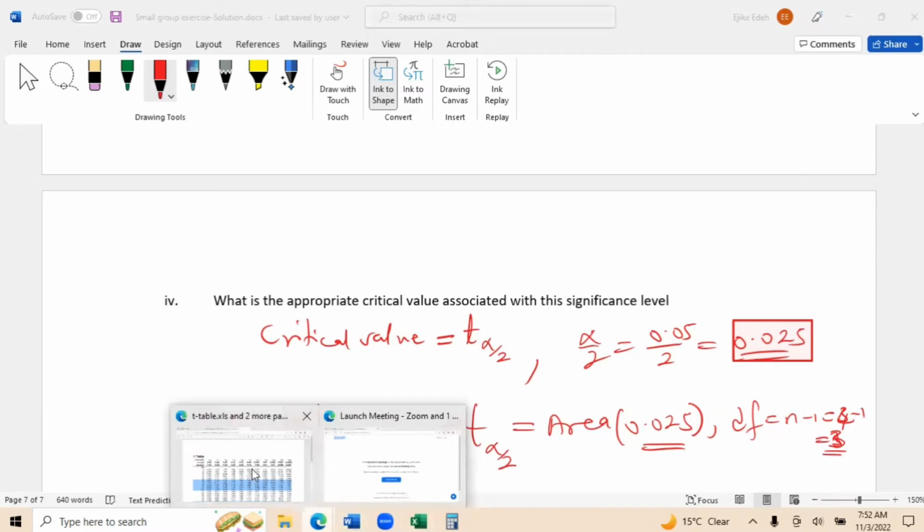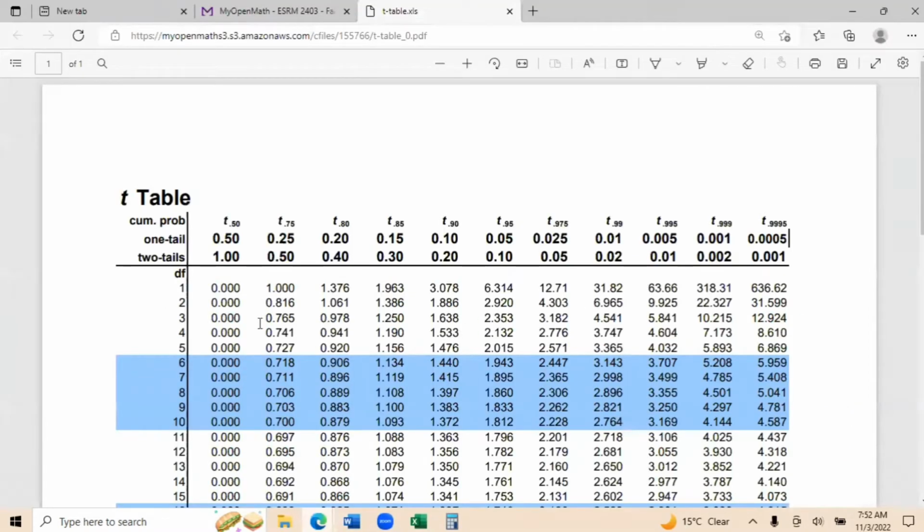All this was done back in chapter 7. So we go to two tail, and we're looking for the area where we have 0.025.